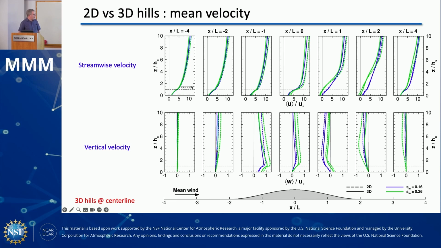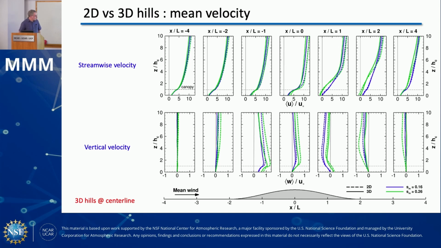What's important though is that even before you've hit the base of the hill, the vertical velocity field already knows about the hill, and that's the pressure field driving vertical motions. And again, you get more mean vertical velocity in the steeper hill cases, as you might expect.